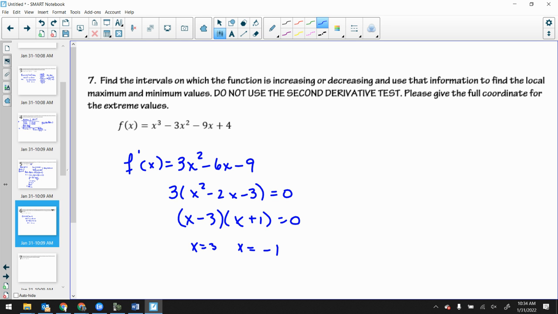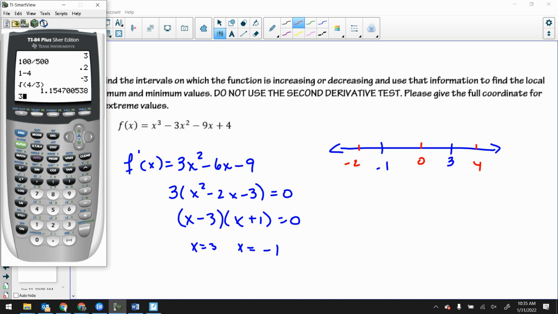Okay, for the increasing, decreasing test, let's pick some points: negative 2, 0, and 4. This goes back into the derivative with those testing values.